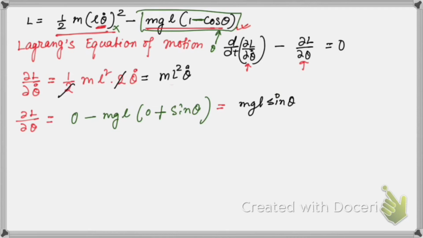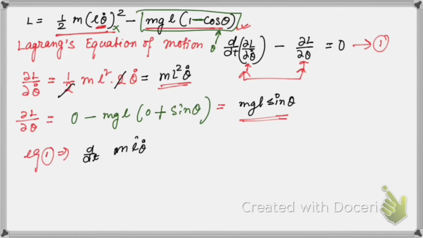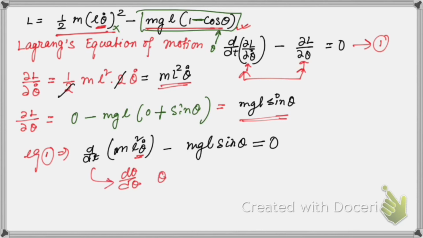Now use these two values in equation 1, the Lagrange equation. We get d by dt of m L square theta dot minus mgL sin theta is equal to 0. Now theta dot represents d theta by dt.